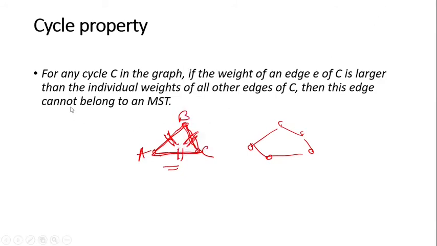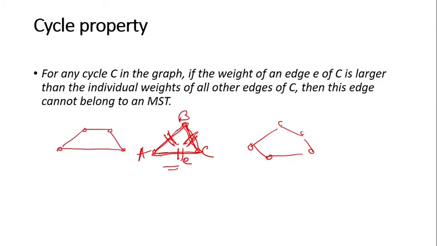Okay. So for any cycle C in the graph, if the weight of an edge E of C is larger than the individual weights of the other edges of C, then this edge cannot belong to the MST. So this is another thing: for any cycle in the graph, if the weight of an edge E, this one, is larger than the individual weights of all other edges.